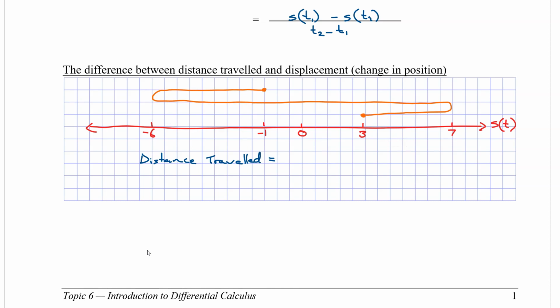The first line goes from -1 to -6, so it's a distance of 5, plus -6 to 7, which is a distance of 13. And then finally, the distance of 7 to 3 is a distance of 4. So the total distance traveled is 5 plus 13 plus 4, which is 22. So the distance traveled is a total of 22 units.